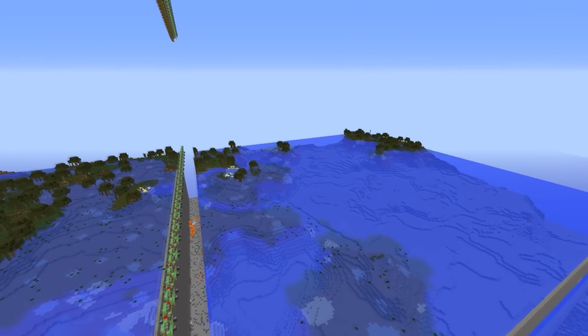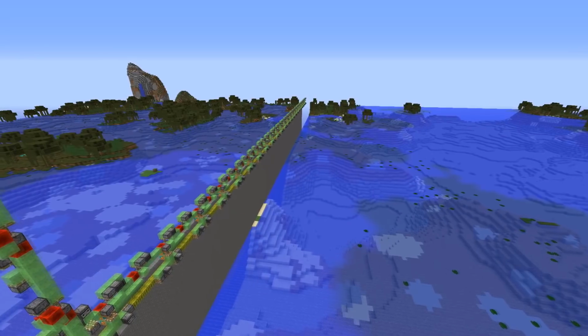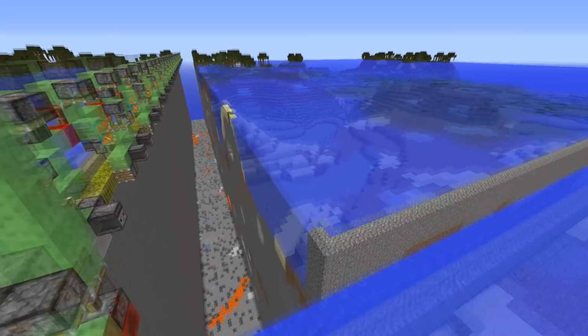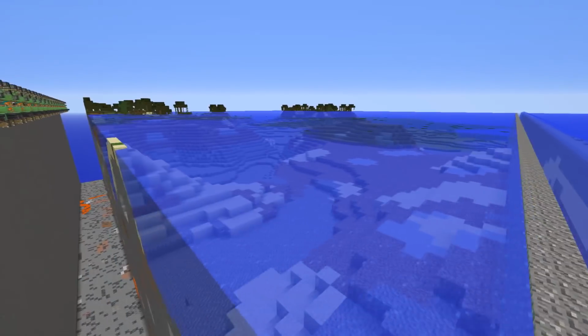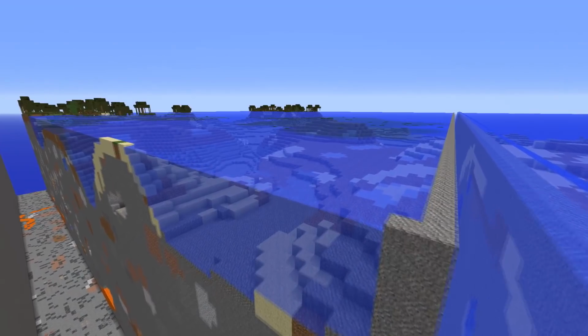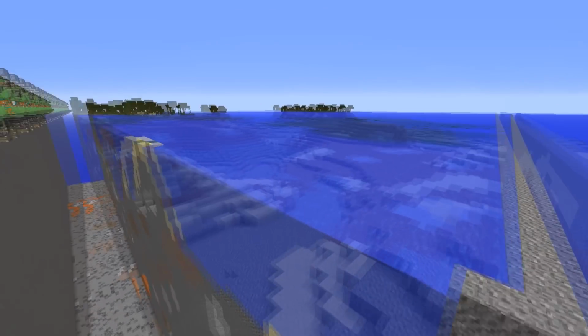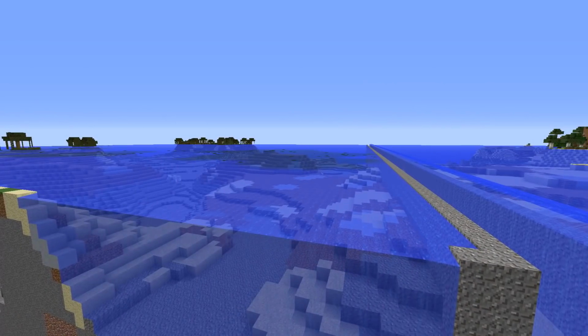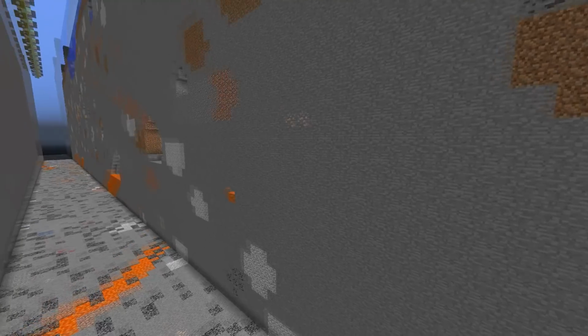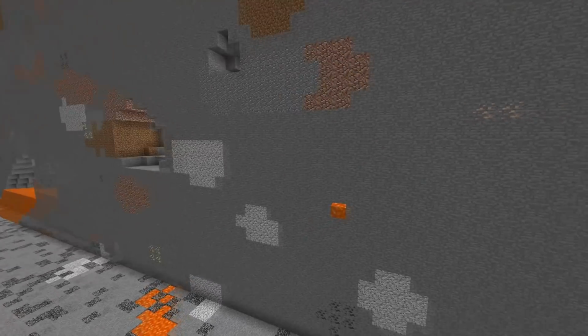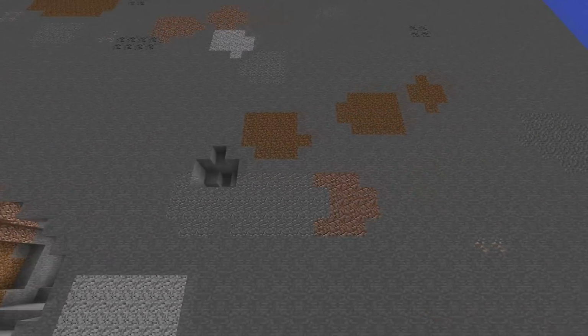But the water removal is mostly important for the layers from Y62 down to, depending if you have a lot of ocean biome or river biome, up to Y30 if you have an ocean biome. Above there's usually not a lot of water, and from Y30 to Y10 there's also not a lot of liquids until we hit the magma levels again.